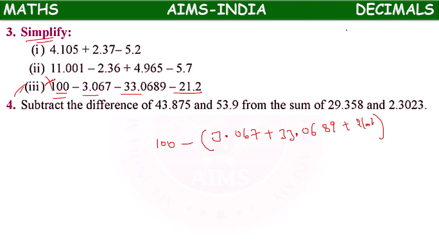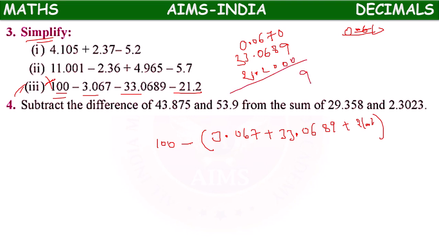So here 0.067, 33.0689, 4 decimal places, 1 zero we can keep here, 21.2, remaining all zeros we can keep.